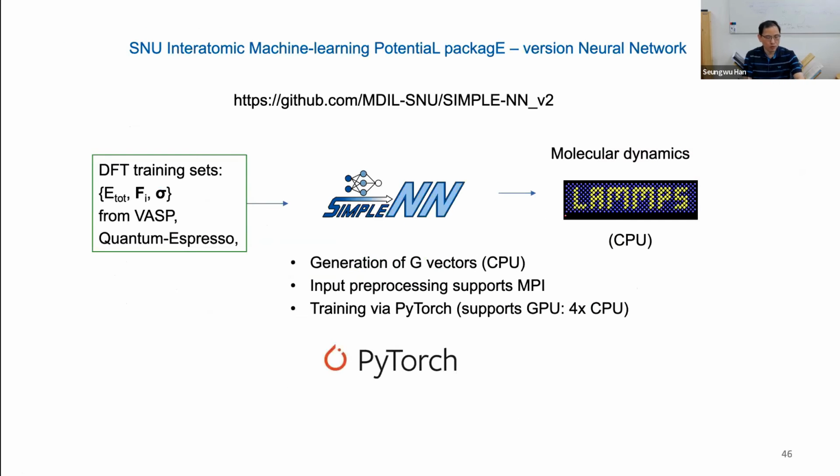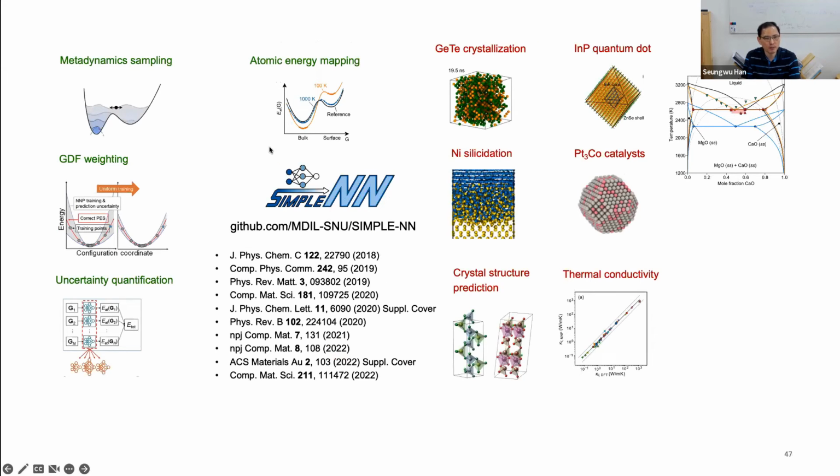And in our group, we have developed our own package called SIMPLE-NN for the training and also the executing. Executing is MD simulation made with LAMMPS, but we provide an interface between our package and LAMMPS, and we have been developing some of the fundamental methodology and also various diverse applications.